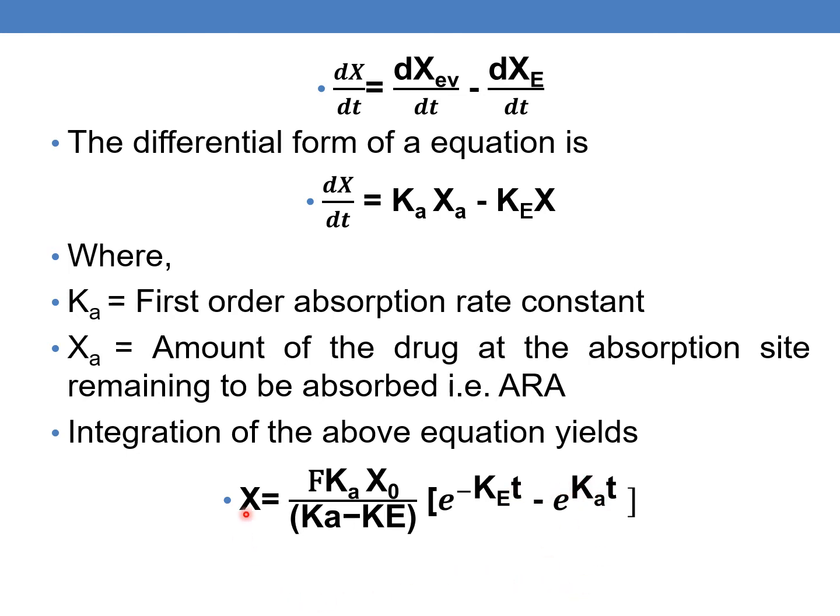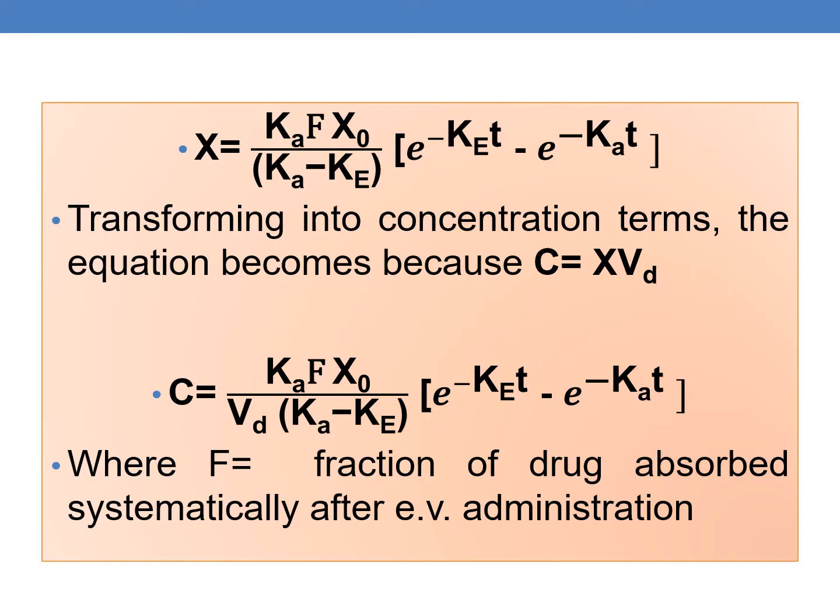So this is the integrated form of the above equation, where F is nothing but the fraction of the drug absorbed systemically after EV administration, and here X0 is the given dose.